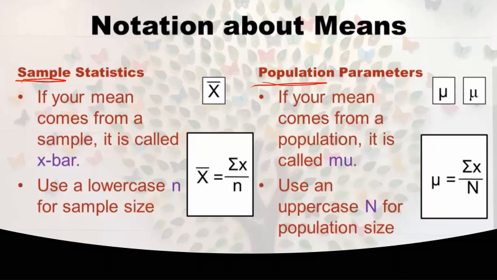So let's look at sample statistics because this is probably the most common. Many times you'll see this. This is called X bar. And X bar basically means the mean. That is the symbol of the mean in sample statistics. If someone did a study where they used a sample, they did not take a census, they're not checking information about the population, then they would use this symbol as their mean.